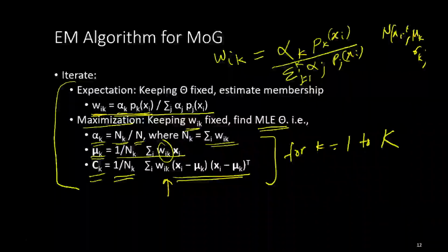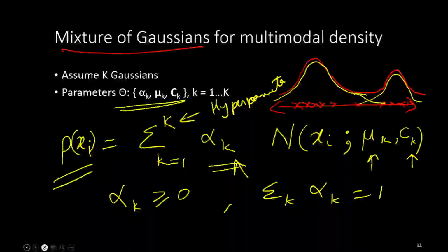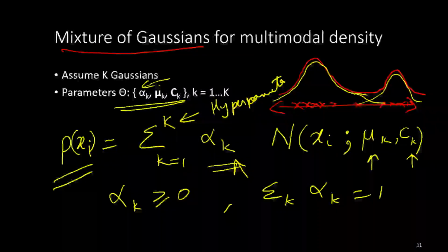Now let's go back a bit to the model and let's see the parallels between mixture of Gaussian models and k-means and fuzzy c-means. So here what you can see is that the number of samples that are in one particular k-means or fuzzy c-means cluster, those are represented by alpha k. So that is basically the weight of that particular cluster. In this particular case, it's the weight of that particular Gaussian.